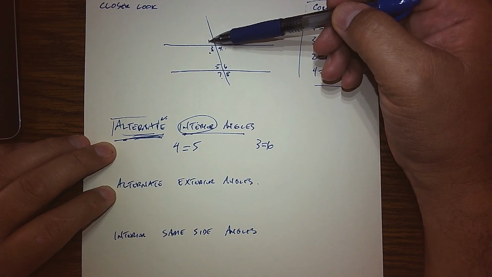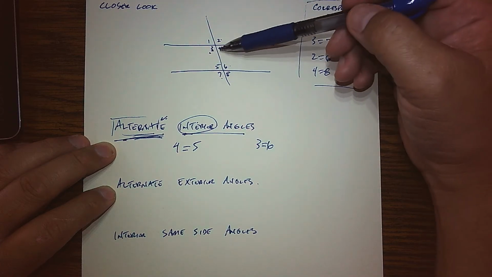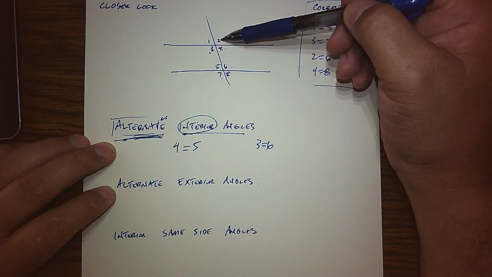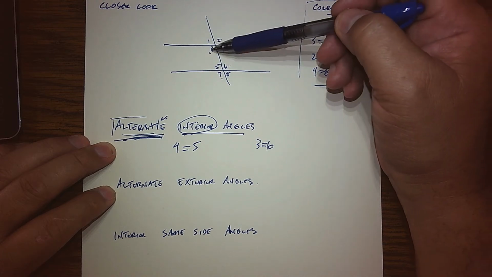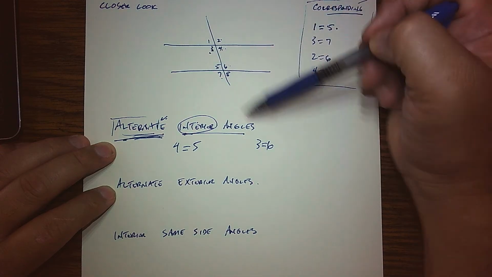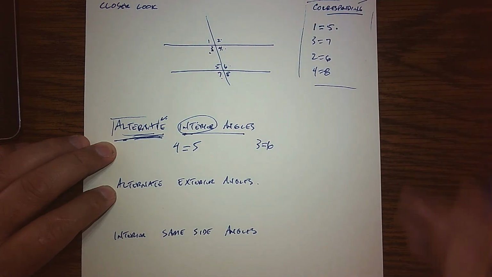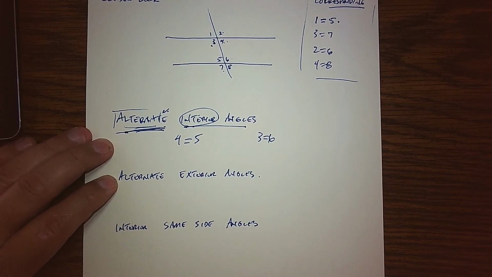So 1 is equivalent to 5, 1 is also equivalent to 4, so that means 4 is also equivalent to 5. And the same argument applies here. We know that 2 is equal to 6 because of the correspondence. 2 is equal to 3 because of the vertical angles, so that means that 3 must be equal to 6 because of the alternate interior angle situation. So we have another situation of equality for alternate interior angles.